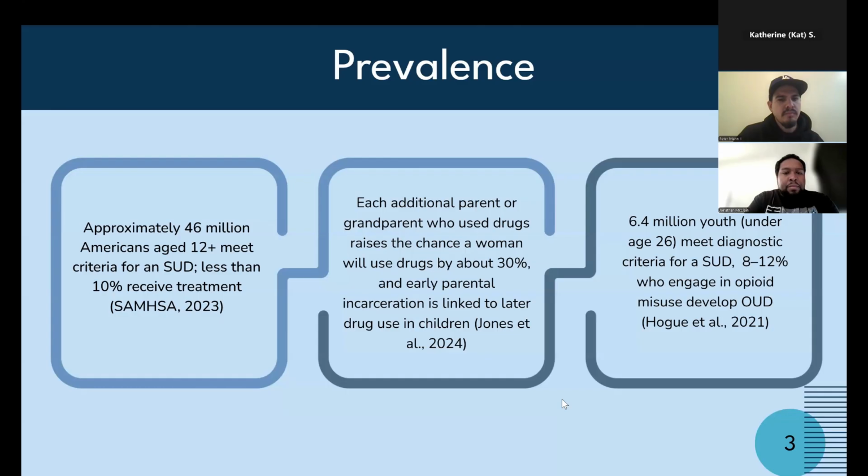There's also research to suggest that around 6.4 million youth under the age of 26 meet the diagnostic criteria for a substance use disorder. And in that population, 8 to 12% have engaged in some kind of opiate misuse, which usually leads them to develop an opioid use disorder.